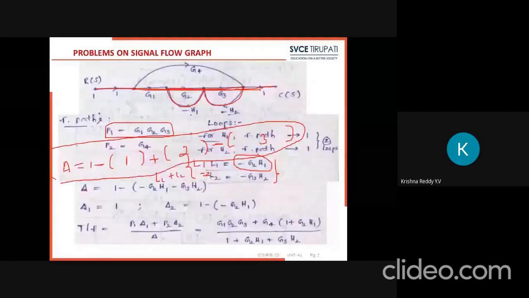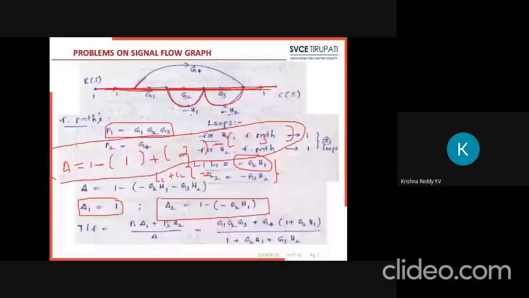Next, delta 1. We are moving from input to the output. We have only two loops, loop 1 and loop 2. These two loops touch the forward path. That's why delta 1 is equal to 1. Next, delta 2. Moving from input to the output in the second forward path, loop 1 does not touch the second forward path.